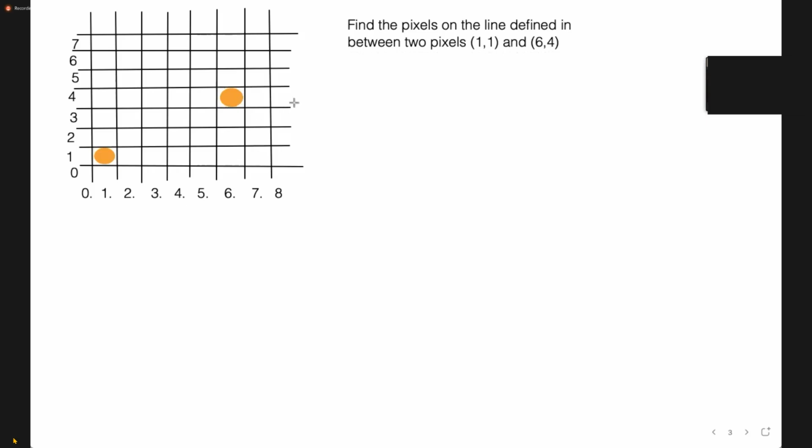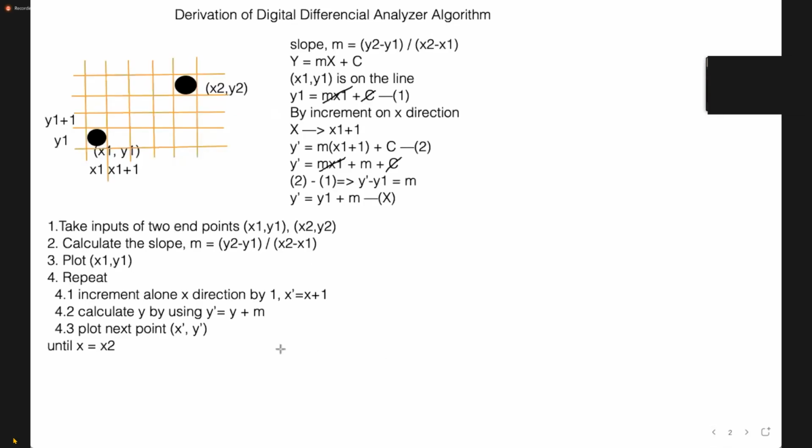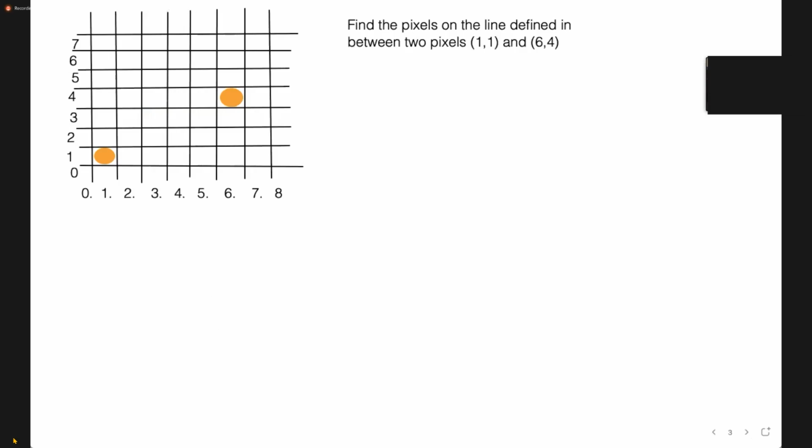Now we have to find what the other points are. Next, we'll go to that DDA algorithm. What it says: take two endpoints and calculate the slope.